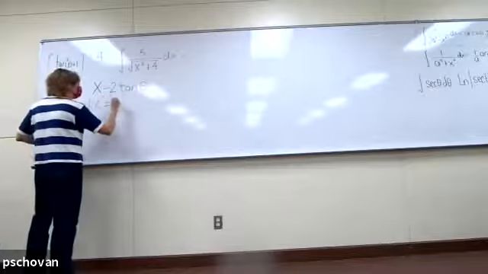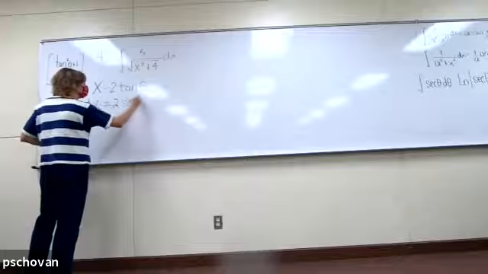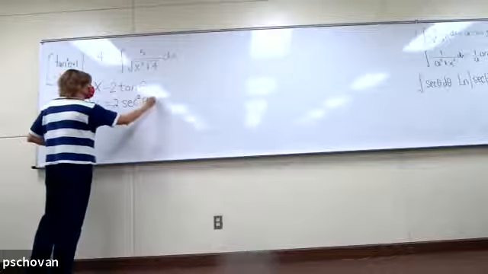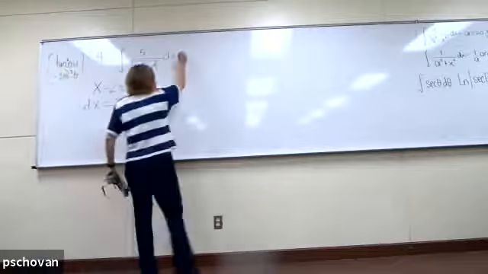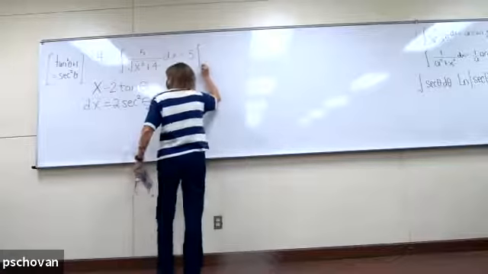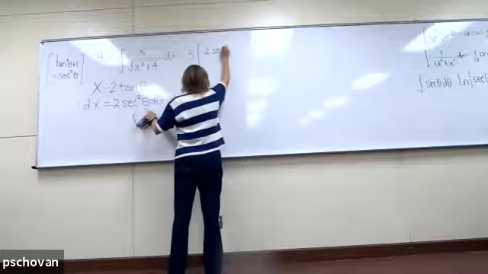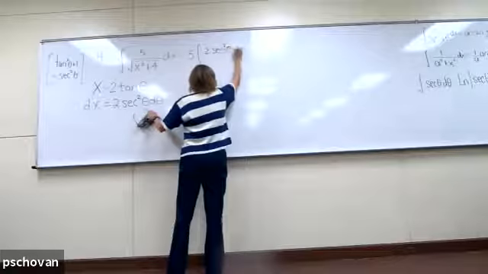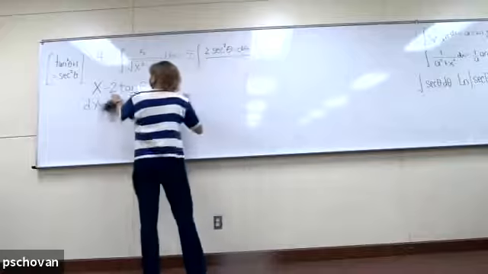So let's see, the derivative of 2 tangent theta was 2 secant squared theta. So when we put that in there, I can go ahead and pull the 5 way out front. In its place, I'm going to put the 2 secant squared theta d theta. In the radical sign, I'm going to square this.